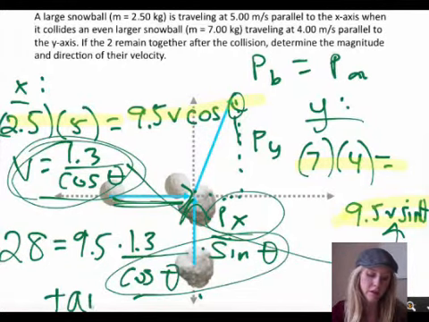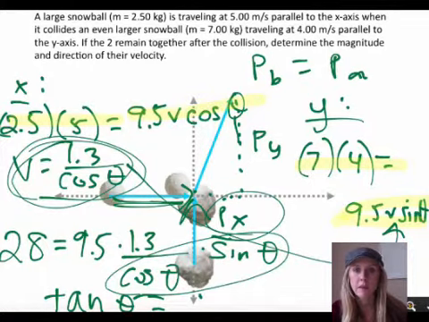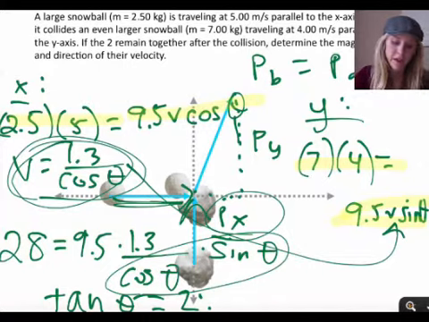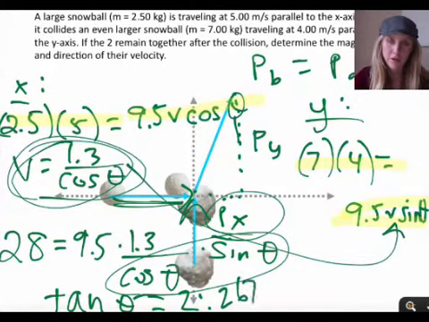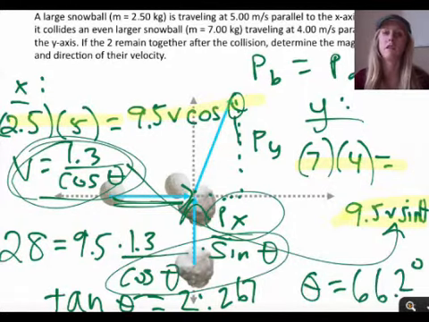So let's get tangent of theta by itself, and then we divide the other numbers onto the other side. So we take 28 divided by 9.5 divided by 1.3. So we get tangent of theta equals 2.267. Take your inverse tangent on your graphing calculator, and you get 66.2 degrees.